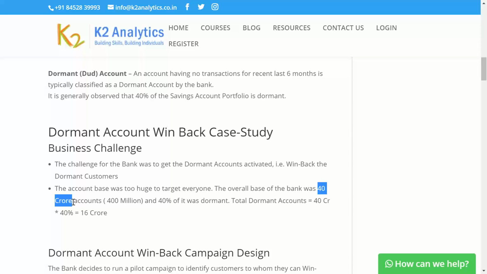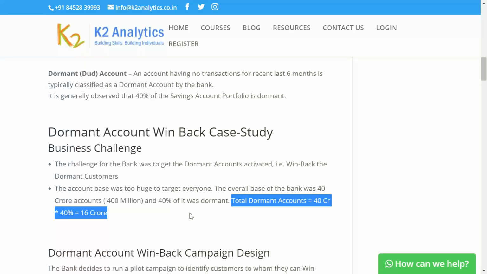If 40% of them is inactive, the total base of the bank which is dormant is 16 crore. It is a huge base.